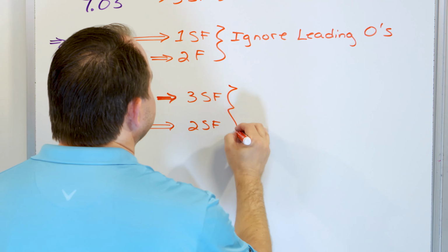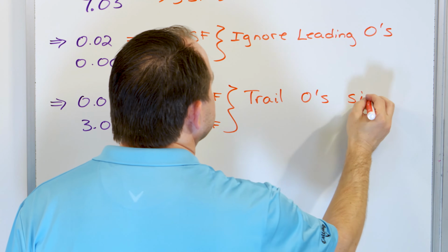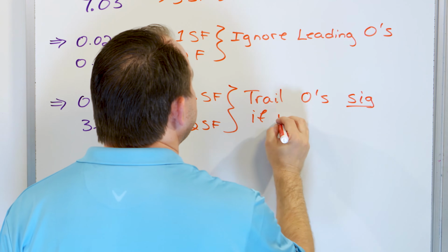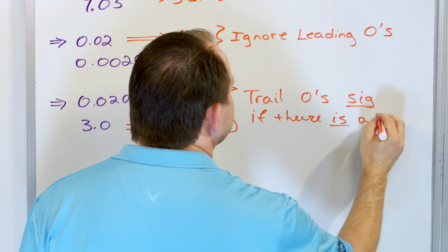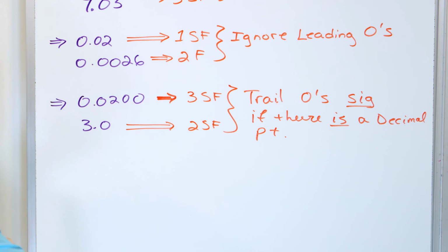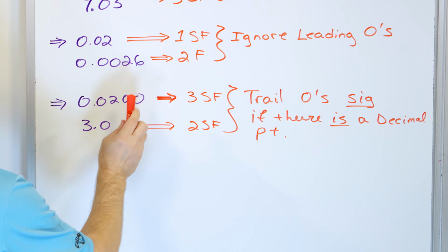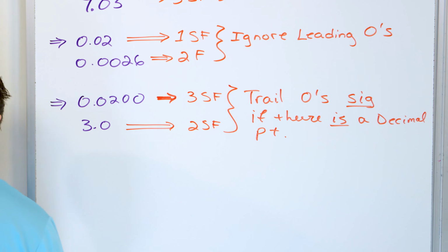So I'm going to write down here, trailing zeros are significant if there is a decimal point. All right, so this is significant and this is significant as a trailing zero only because there is a decimal point. This one, same thing.